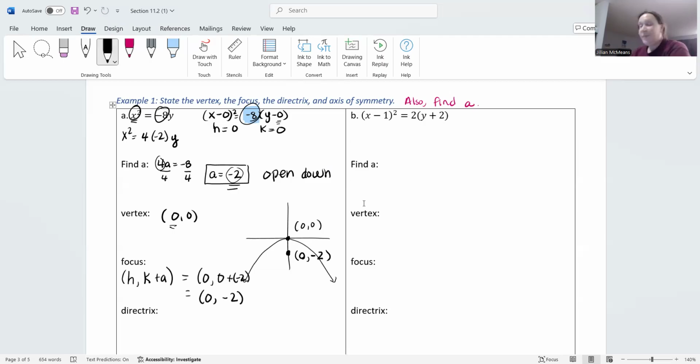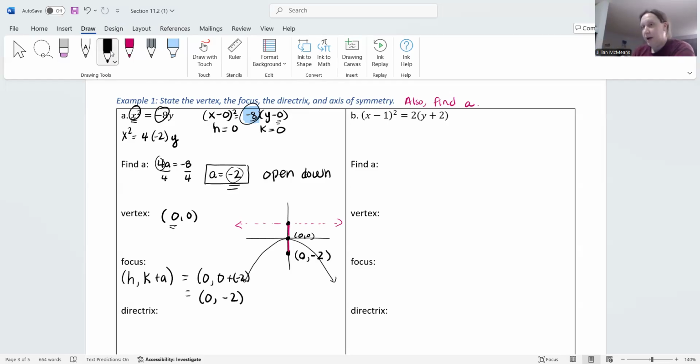Now the directrix. We know the directrix is going to be this distance a from the vertex, which is really 2. Let me move my (0, 0) here and squish it down a little bit. There we go. We know we're going to have some directrix doing this. How do we get to that point? We're looking for this point right here, which gives us an idea of what our directrix is going to go through.